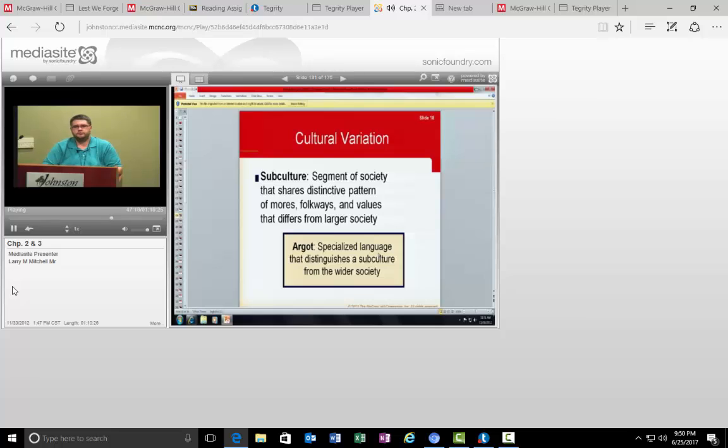Maybe if you like country music, that is a subculture, the country music lovers. Or if you're a sports fan, or have a favorite TV show, or things of this nature, that is simply what a subculture is identifying. Now we also see some terms there, the mores and folkways and values, but we'll get into those a little bit later and really define those.